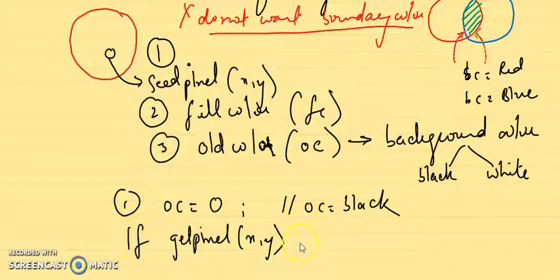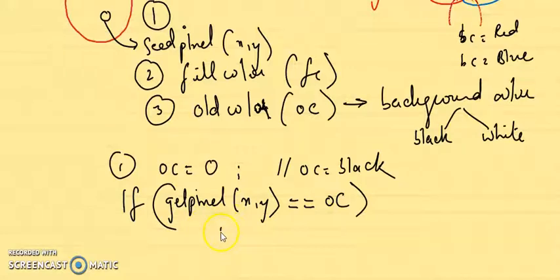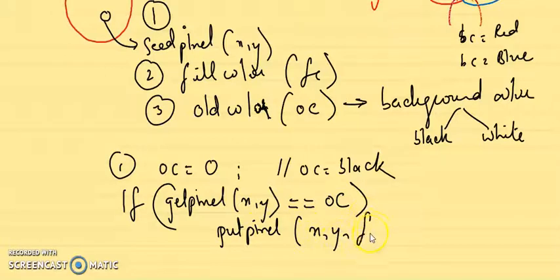So if get pixel x comma y is equal to OC, that is, if get pixel x comma y is equal to black color, then I'm going to put a pixel here with the required fill color, only if my current pixel is equal to black color, or else equal to background color. For my assumptions I have taken black color, you could choose any color.